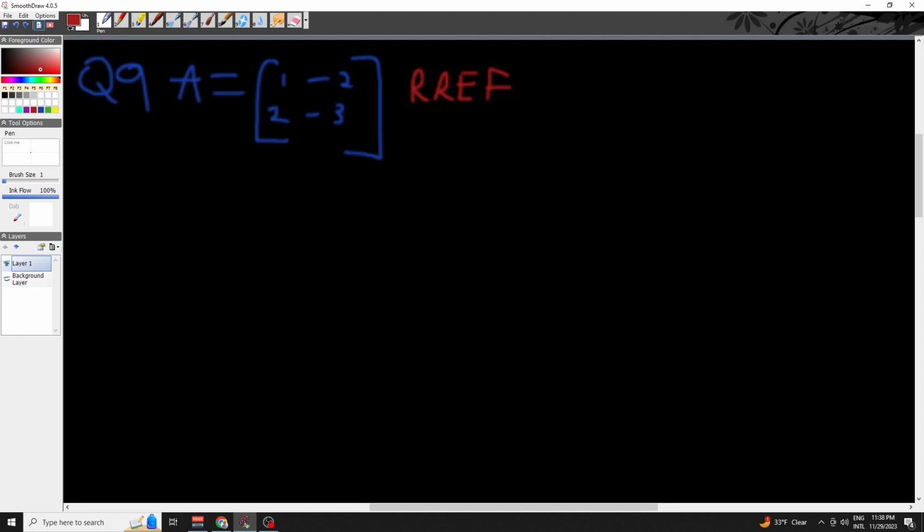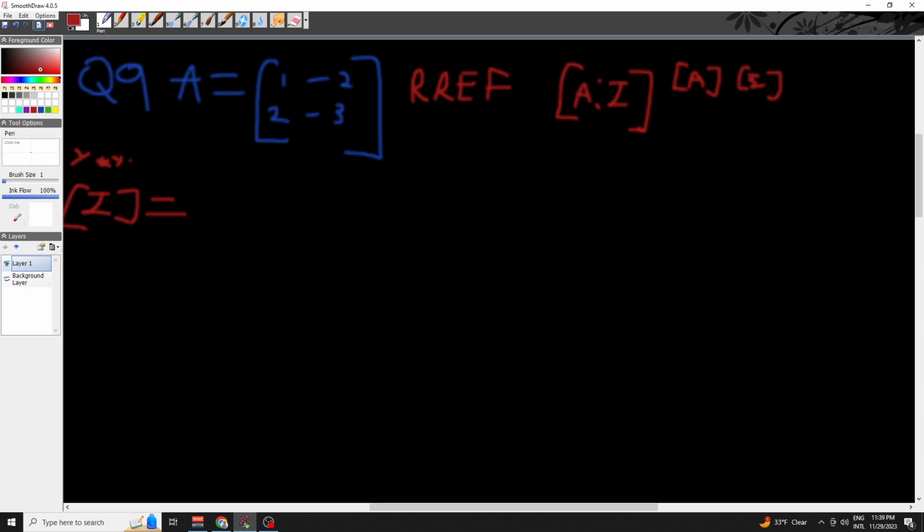Essentially, what that looks like is it's going to be A augmented with I. We're combining two matrices here, matrix A and matrix I. Matrix I will become the inverse. Matrix I is always going to be the same size as A, so it's going to be a y by y.